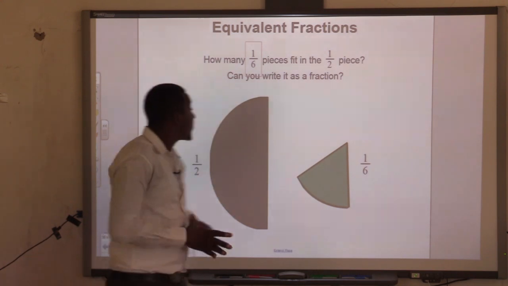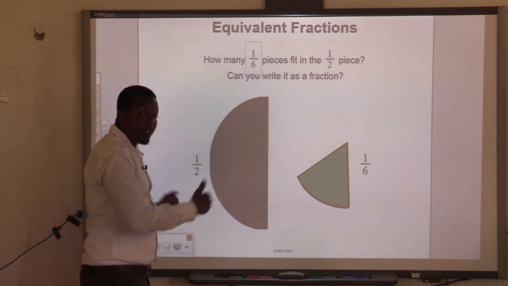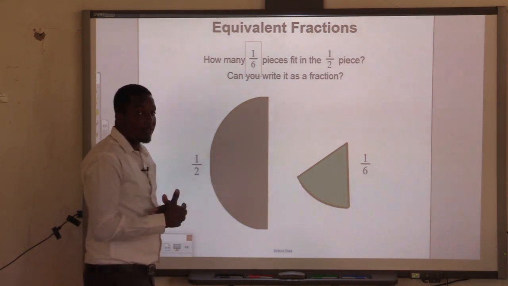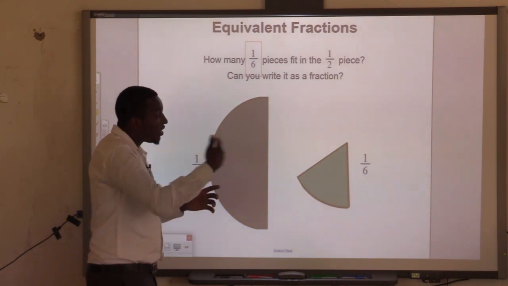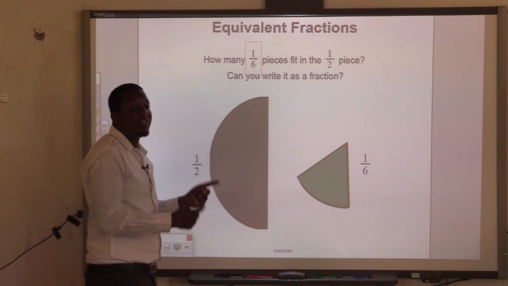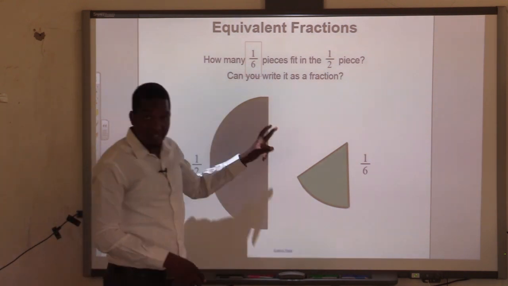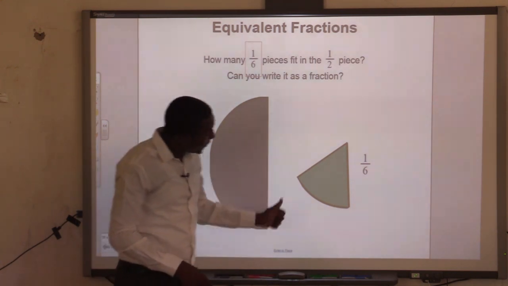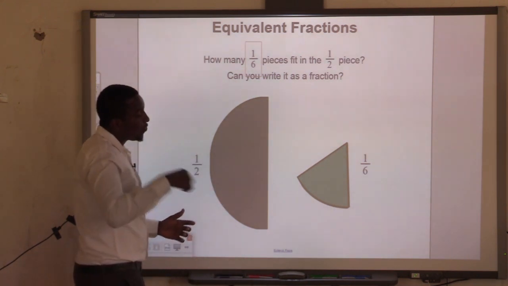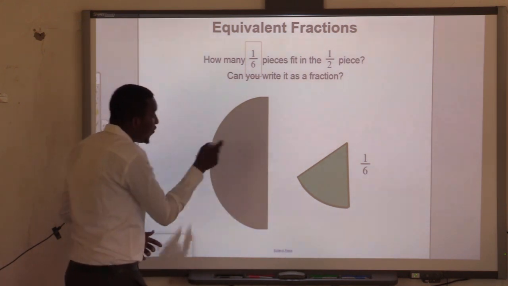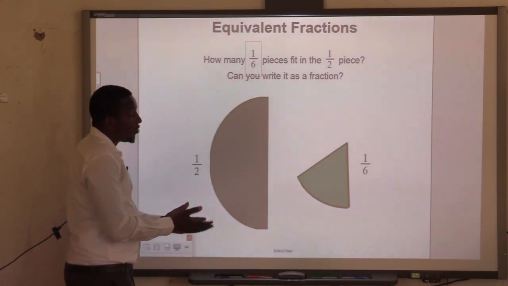That is to say, if you have a circle and you divide the circle into 2 equal parts, and you take one of those equal parts, and you take another circle of the same size as the previous circle, and you divide it into 6 equal parts, and you take one part out of those 6 equal parts, how many of those 6 equal parts will fit in the circle that you divided into 2 equal parts? That's what we are going to find out now.